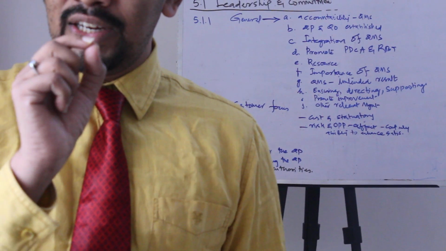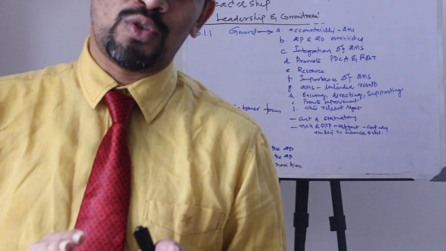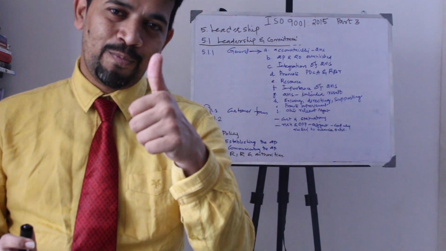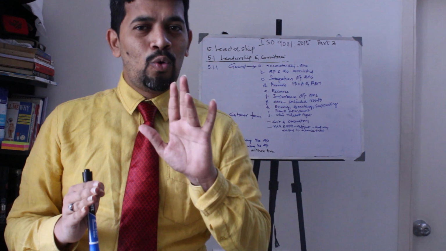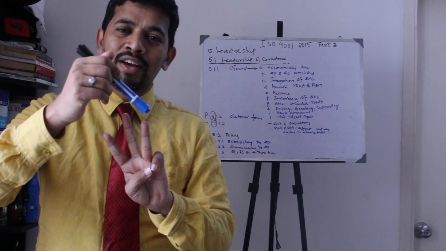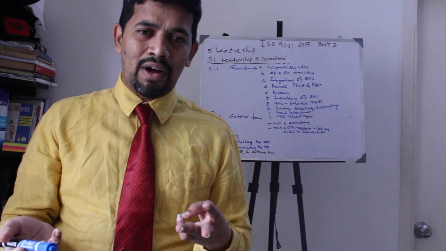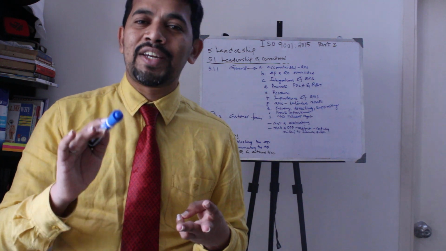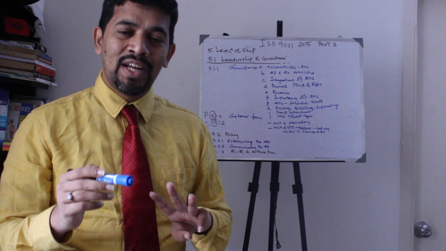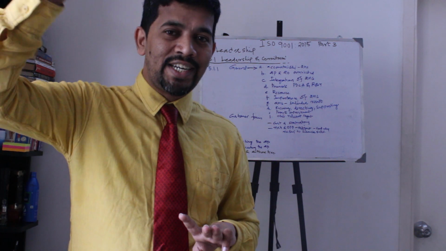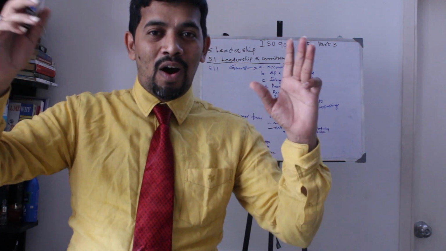The only 3 changes in this ISO 9001 2015 version. Number 1, it was the same as before in ISO 9001 2008. The only 3 changes are these. One is we also need to make it available even for interested parties. Number 2, it has to meet something called strategic direction, the long-term objectives.